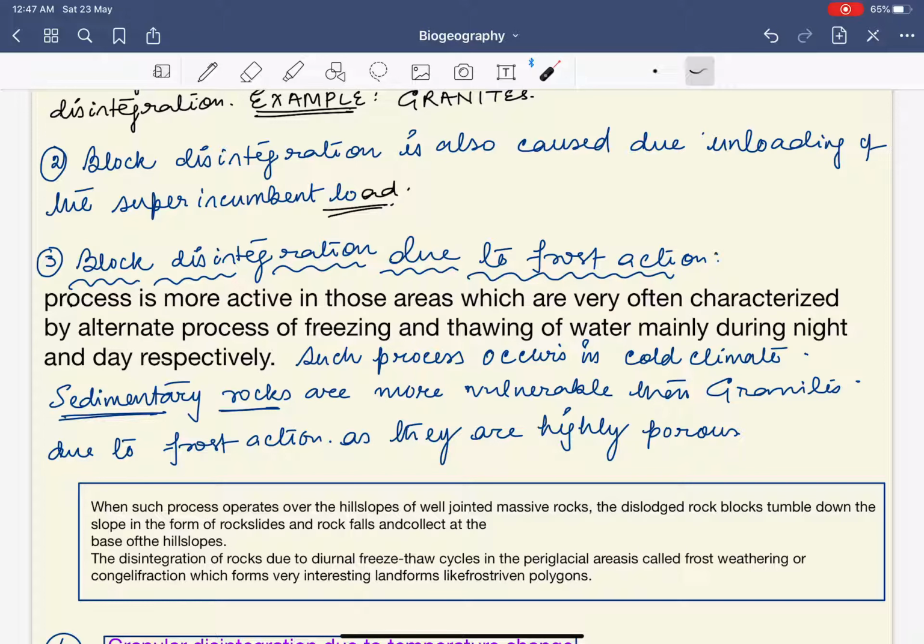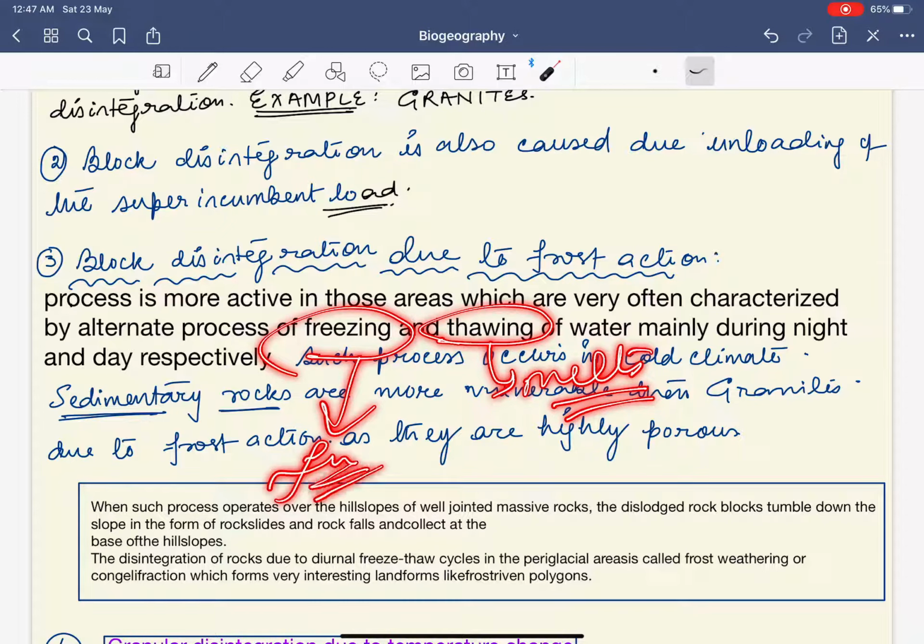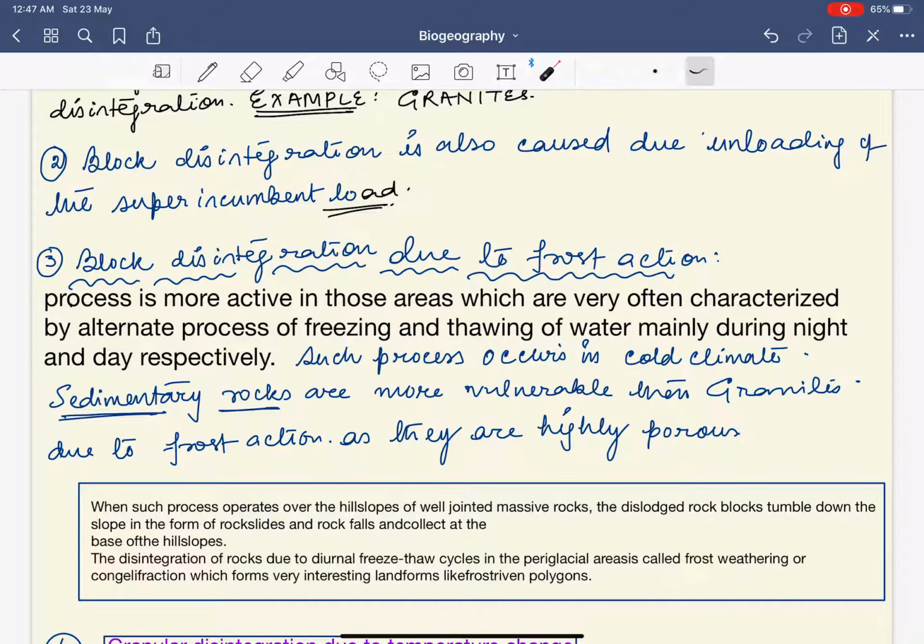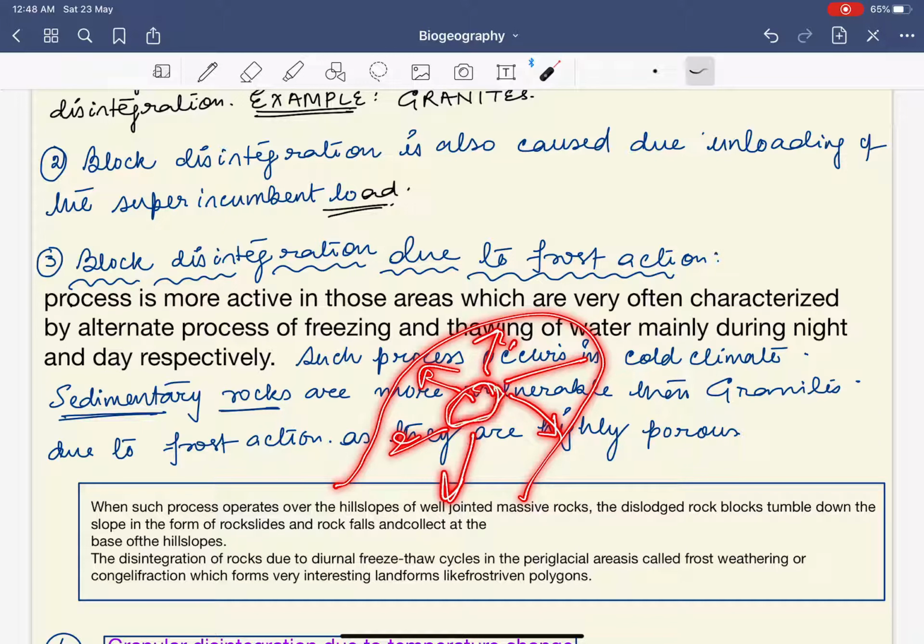Now in this context, suppose this is your rock and these are the cracks present in the rock. Within these cracks, the water gets deposited, and at night time the water is frozen, and in the daytime the water is thawed. What is thawed? It means the water melts, but at night time it freezes. Now what happens during the time of the freezing? It actually expands the rock. Whenever the water freezes within the rock, it expands the rock.